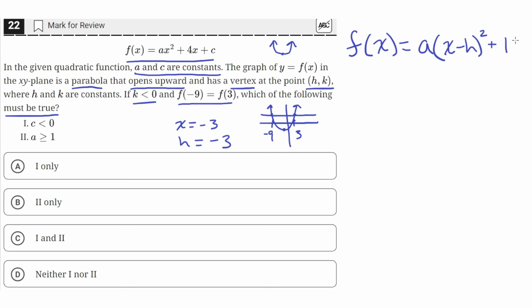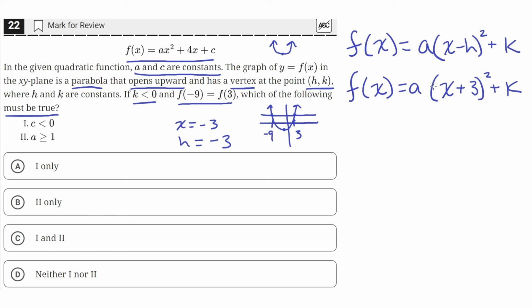This b can be the k value, where h and k are the coordinates of the vertex of the graph. So we know that f of x equals a times x, so h here is equal to negative 3, so this becomes a positive 3, whole squared plus k.